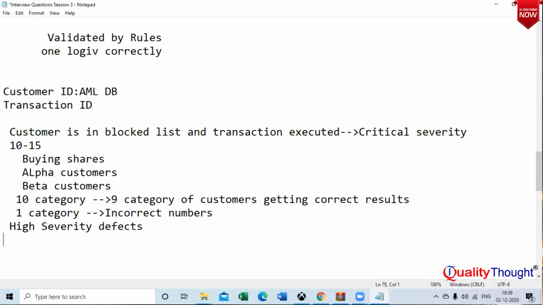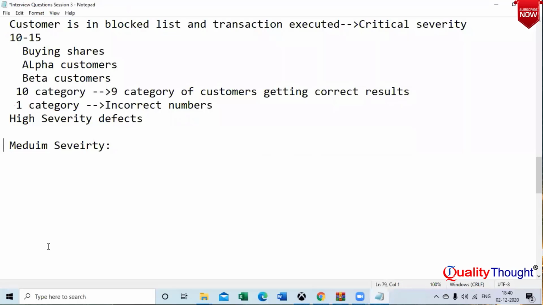Okay, so coming to medium severity. Medium severity means almost a negligible impact, but it is not a low severity. It may be affecting one or two customers, and we need to validate whether this is really a problem with the code or the account settings.